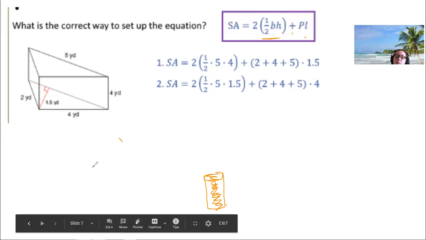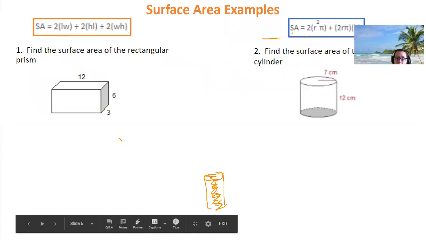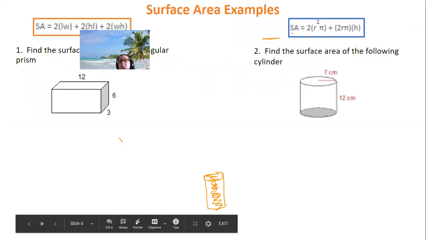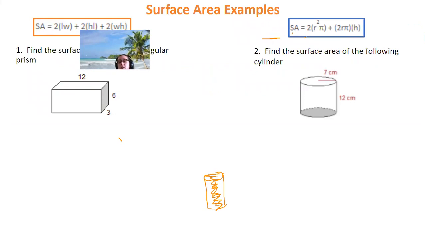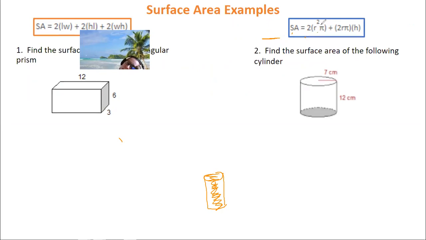So let's look at that formula. Okay. So according to this formula, it has 2 times the area of the circles. So I would say you would keep the surface area and subtract the circle part.